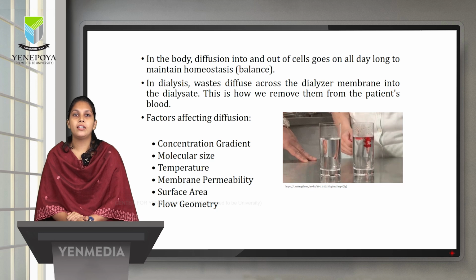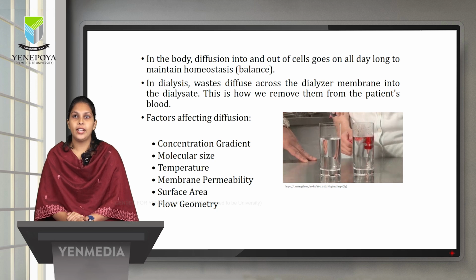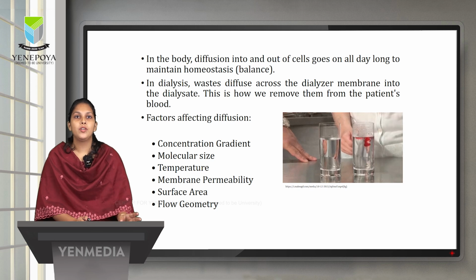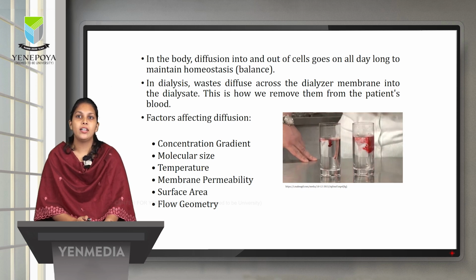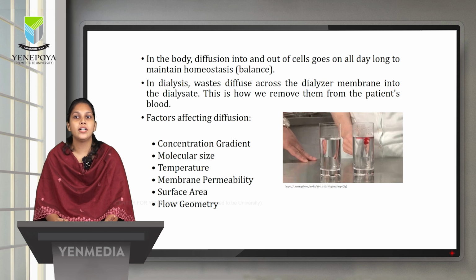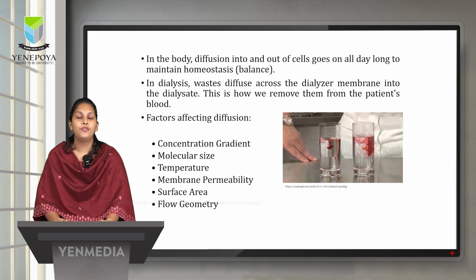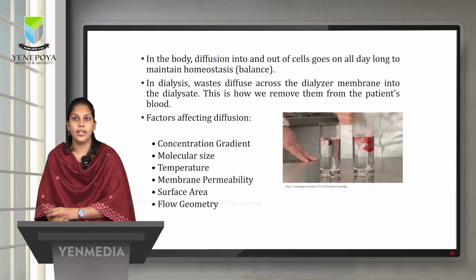There are certain factors affecting diffusion. One of the factors is the concentration gradient. Solutes move from higher concentration to lower concentration across a semi-permeable membrane. The difference is the gradient. In dialysis, we create a concentration gradient between the dialysate and the patient's blood to force the solutes to move out of the blood.